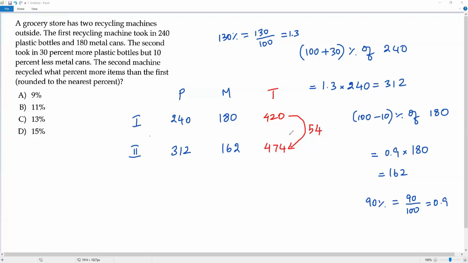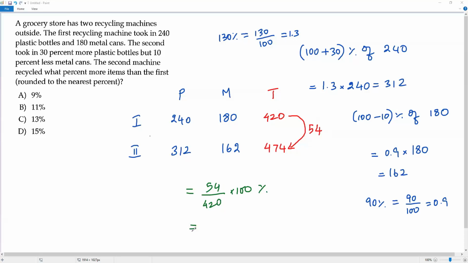But we have to find this as a percentage. So first we write the actual increase in the numerator, and the starting value, which is 420, in the denominator, times 100%.